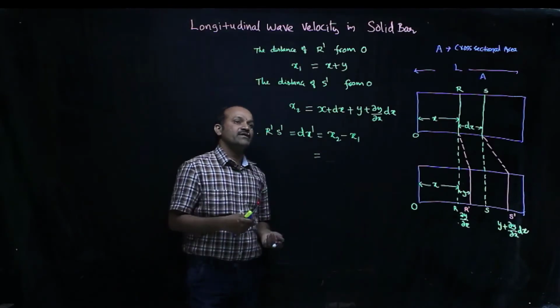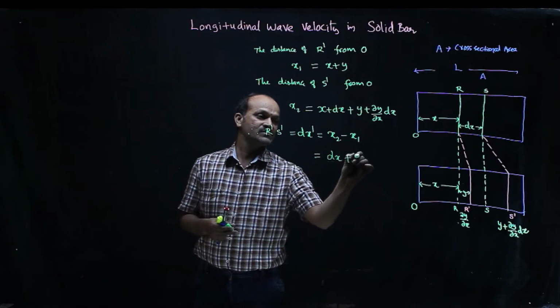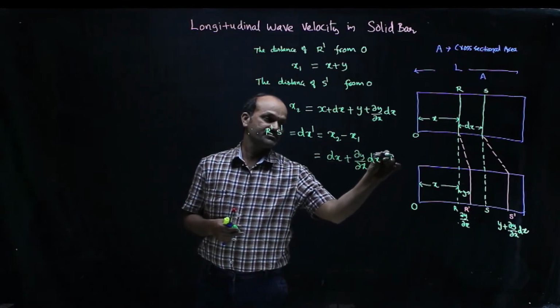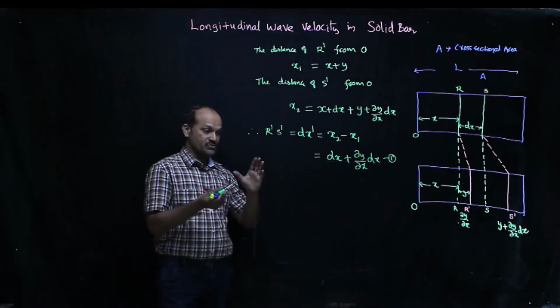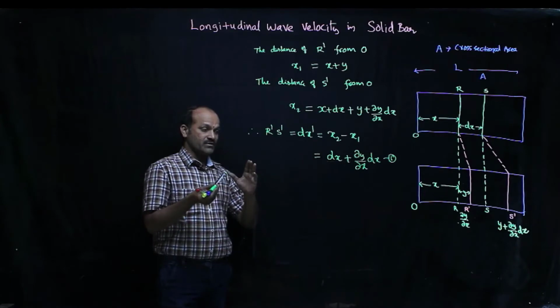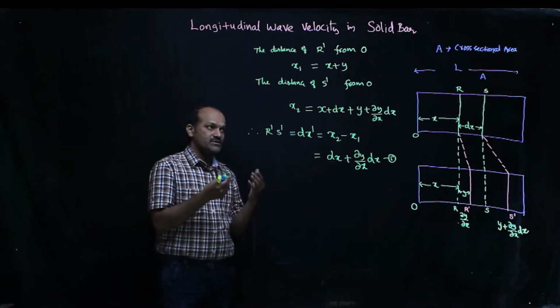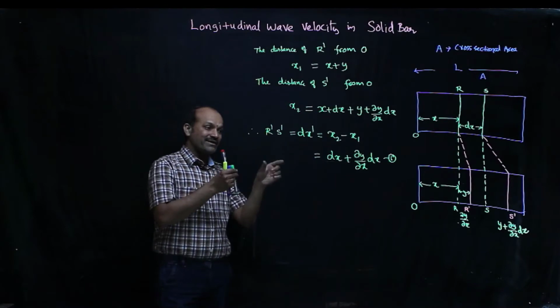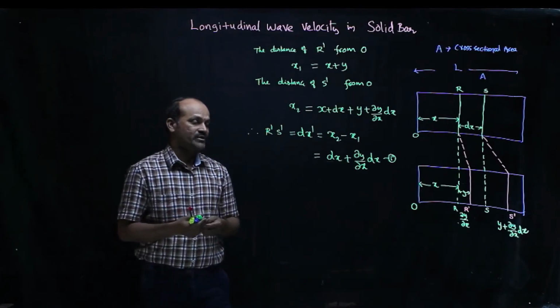So x and y get cancelled, remaining is dx plus dou y by dou x into dx, equation 1. This is the length of that small element, which, when the wave has traveled along the bar, the element RS is shifted to R dash S dash. That width is dx plus dou y by dou x into dx.